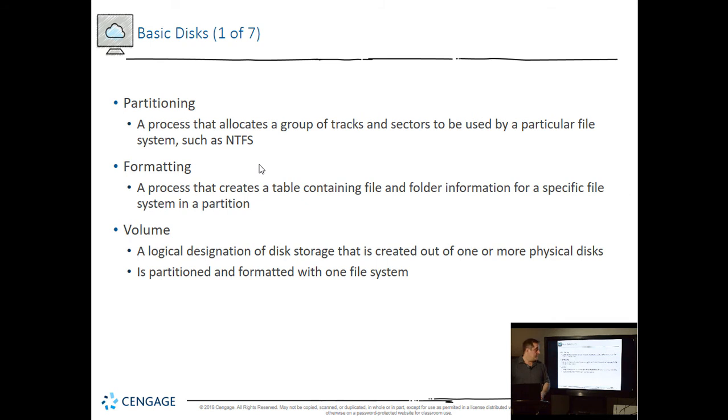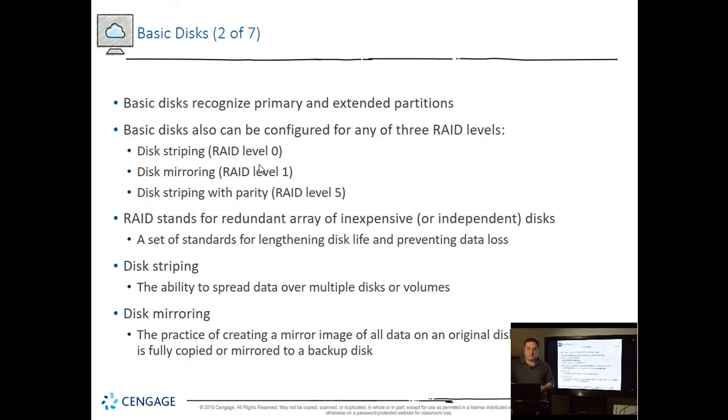So let's go ahead and move on here to basic disks, which can be set up using multiple different types of RAID. So Windows Server 2016 using basic disks allows you to do something called disk striping, which is RAID level 0. Sometimes we refer to this as a JBOD, or just a bunch of disks, where you just take hard disks and then you stripe them with the data.